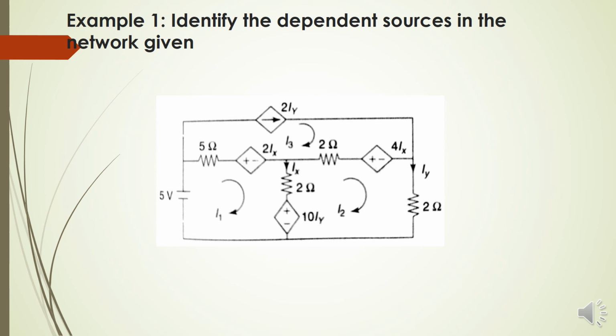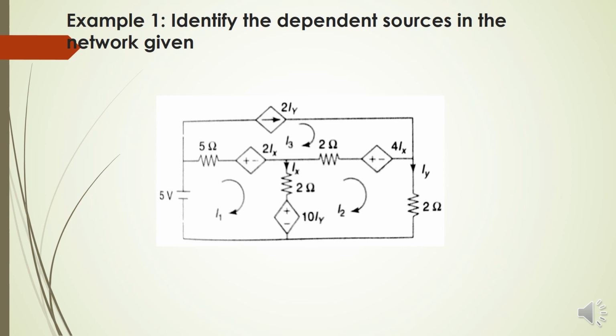In mesh 1 there are two diamond shapes. The first one is 2Ix. Inside that diamond the polarity is plus and minus. This polarity represents a voltage source, but the value of this voltage source depends on another current Ix.